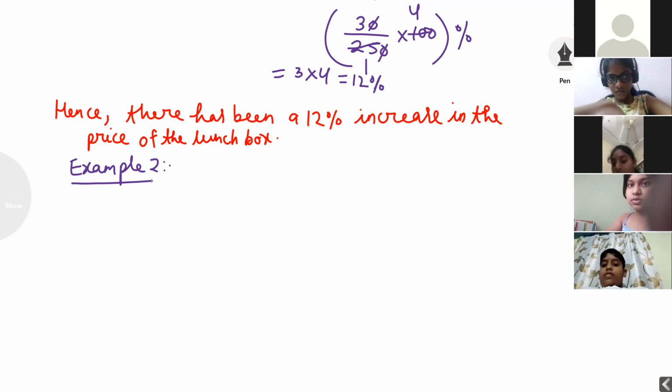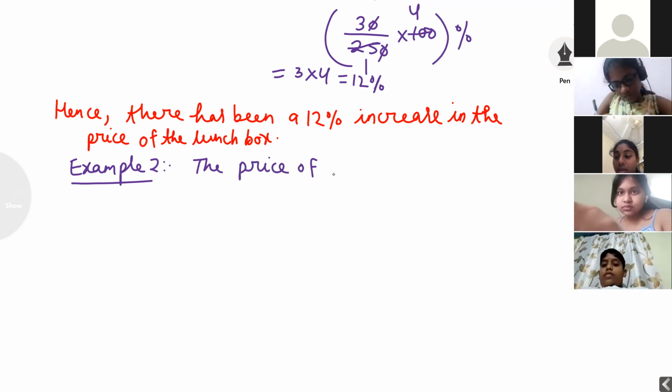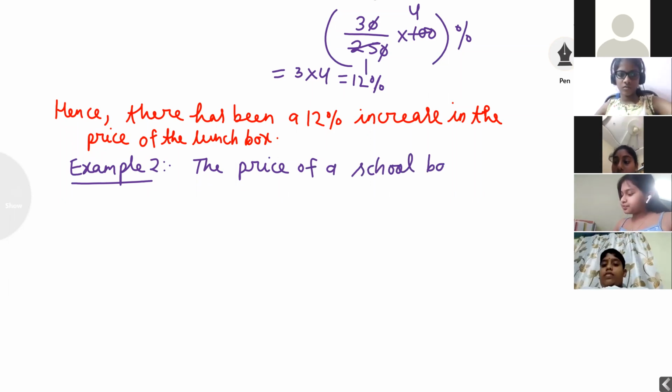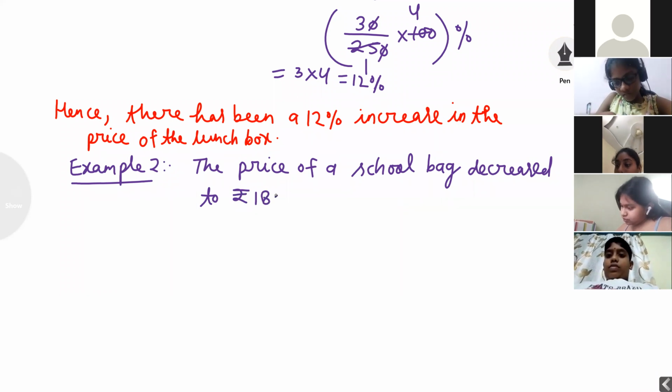The price of a school bag decreased to rupees 180 from rupees 200.